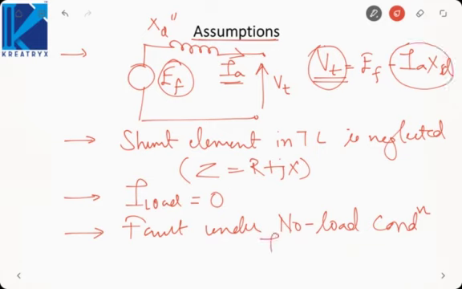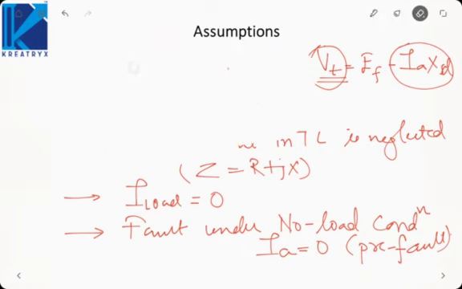That is, Ia must be 0 before the fault, or we can call it pre-fault. Okay. If there is no load condition in the power system before the occurrence of fault, then Vt will be maximum, due to which the current under faulty condition will also be maximum, as we want to analyze the worst case scenario or the most severe conditions in the fault.